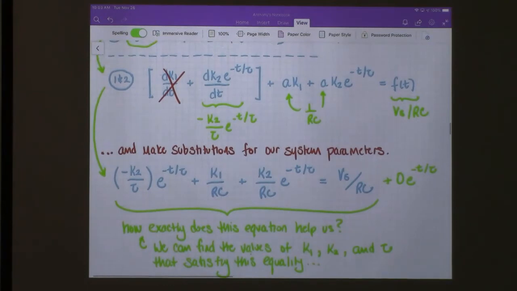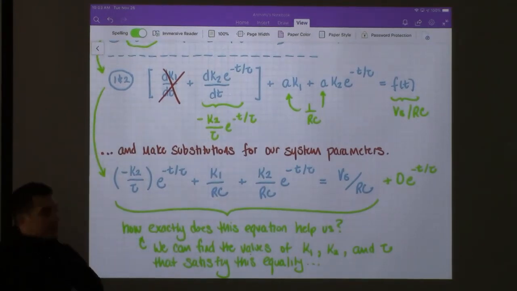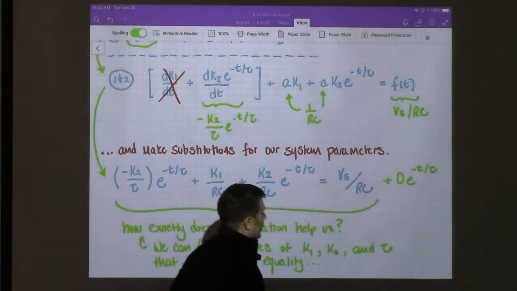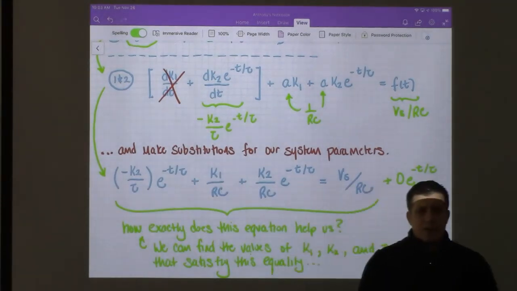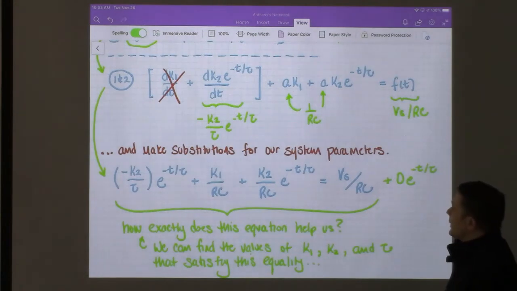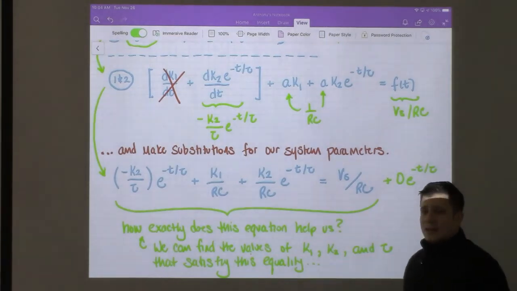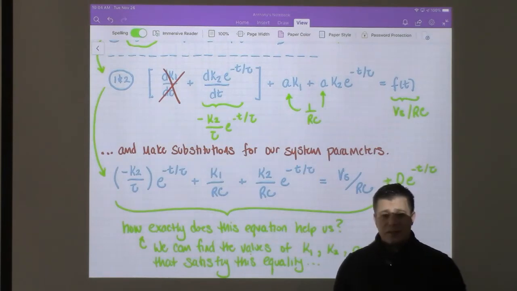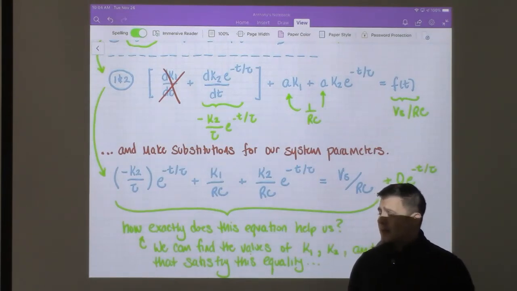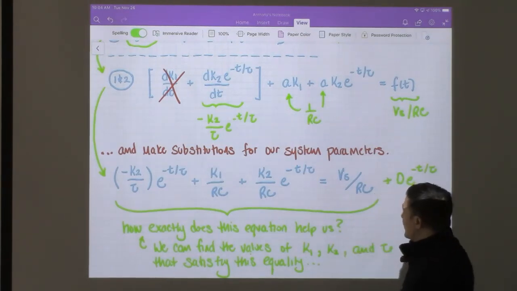So we have this not very simple looking equation. It's no longer a differential equation, just a time varying equation. So how the heck are we supposed to solve for K1, K2, or tau from this? It doesn't look like it's particularly helpful. But there are some things that we can pull apart.